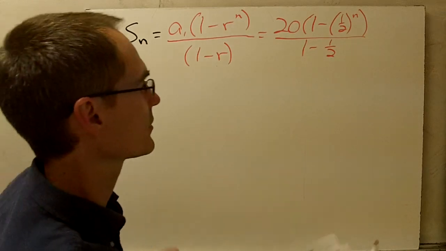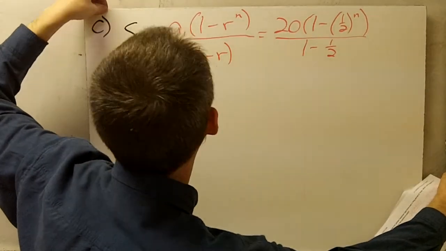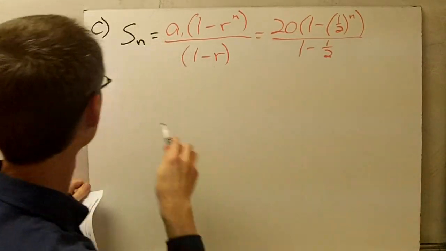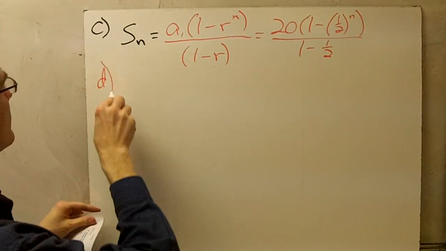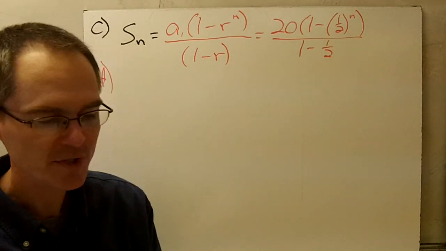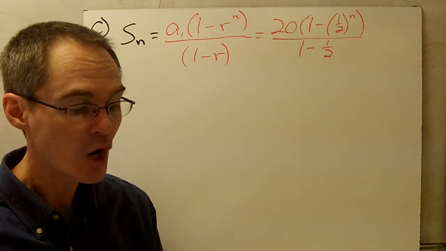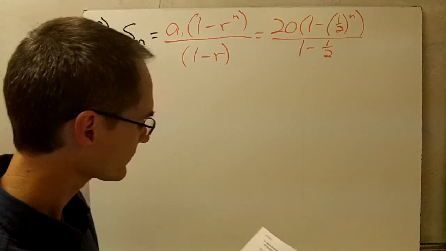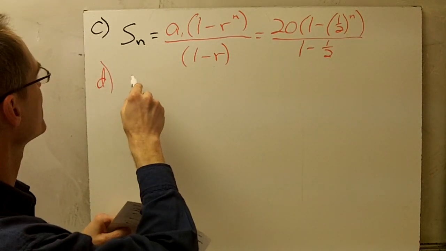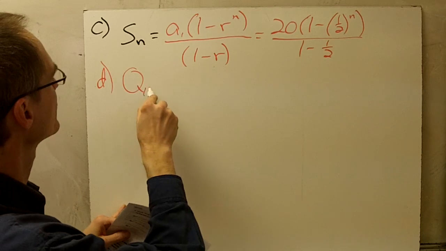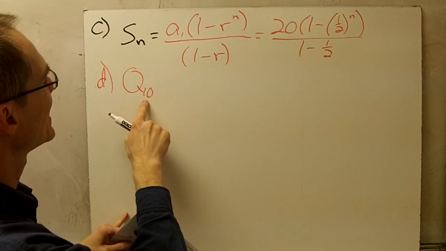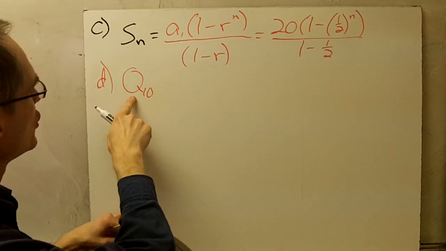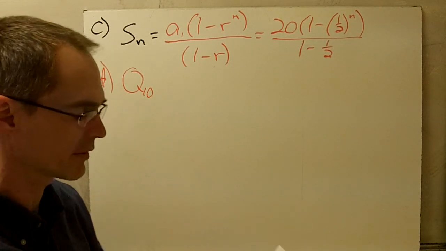Now the next part, part D, says suppose this patient receives injections over a long period of time, what will happen to the drug level in the patient's body? Well, let's say that the patient receives 10 injections, and I want to know what the level of the drug will be after the 10th injection. I'm just using Q here to stand for the level of the drug.